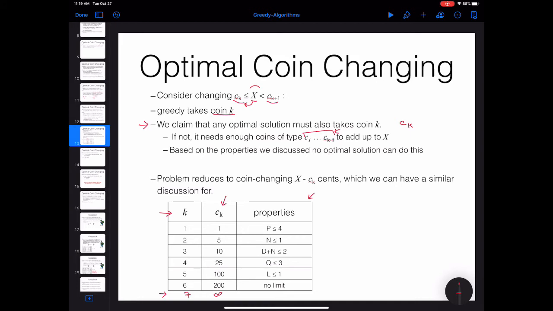So ck is just one coin, right? If you are going to change it using the other coins, definitely you need more coins.